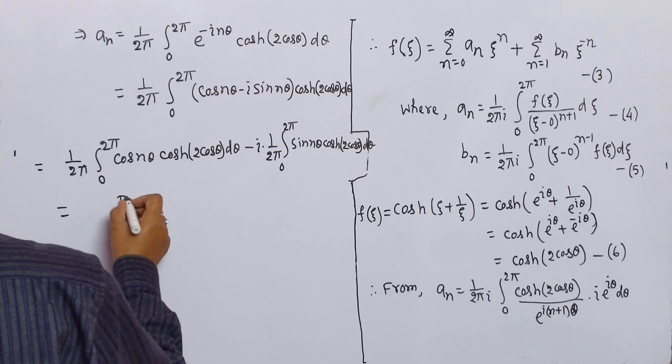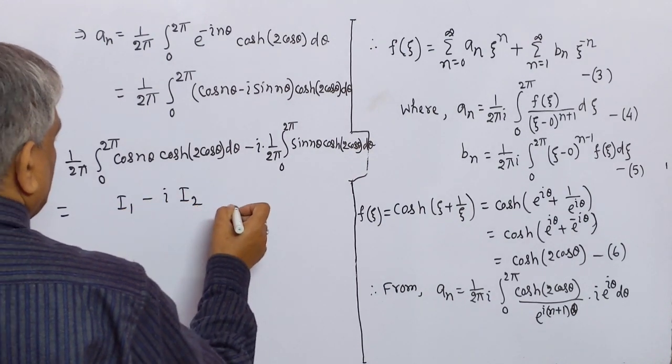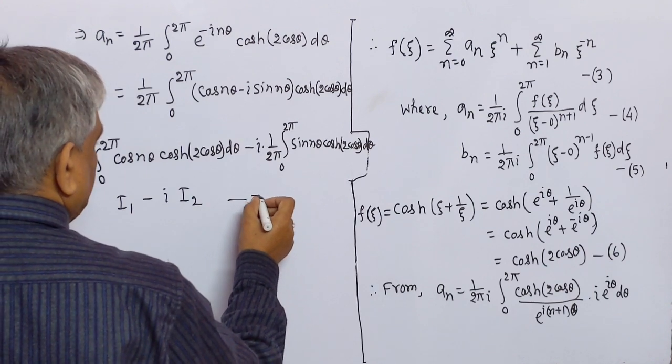This is equal to I1 minus I2. This is number 7.